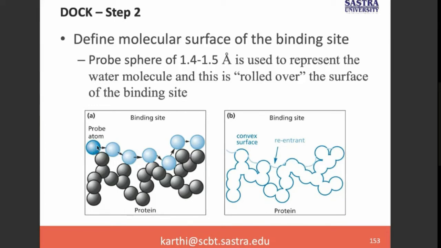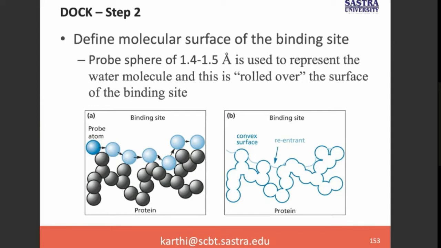This blue color represents the van der Waals radius of the water molecule. They will roll this water molecule over the van der Waals radii of the atoms lining the binding site or the surface. What will happen if you start rolling the water molecule? This water probe will make contact with different parts of the van der Waals radii of the atoms lining the binding site.